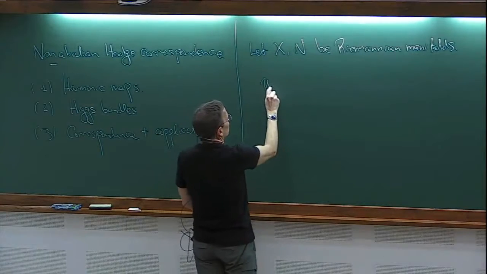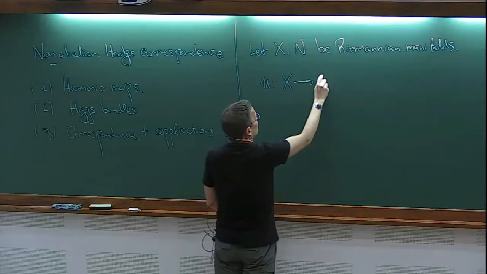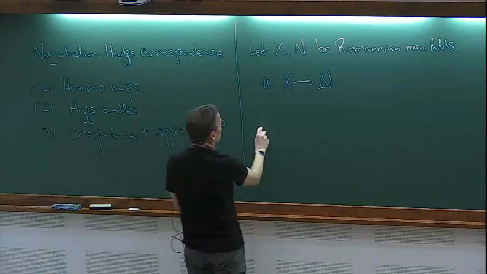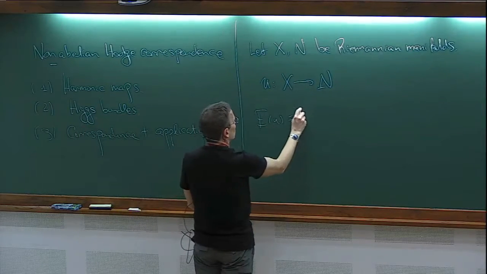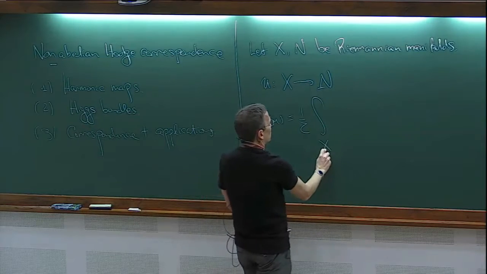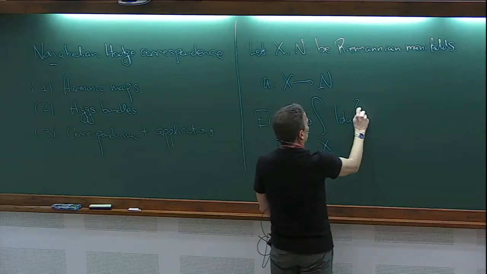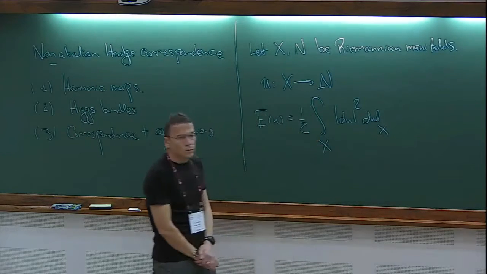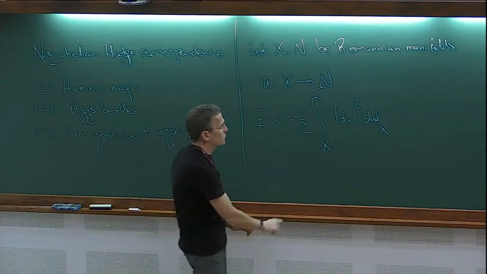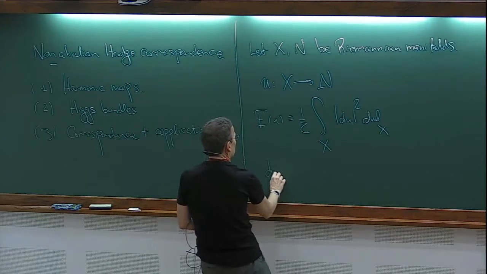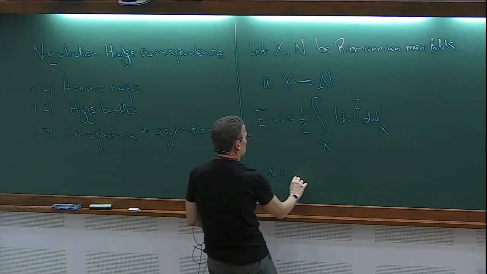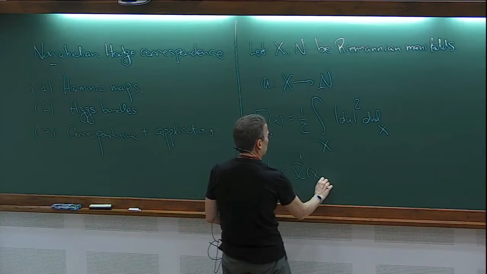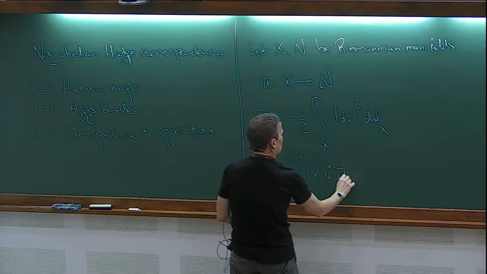If I look at maps between these two manifolds, then I can define the energy to be the integral over X of the norm squared of the derivative. Here, the derivative of this map is a one form on X with values in the pullback of the tangent bundle on N.